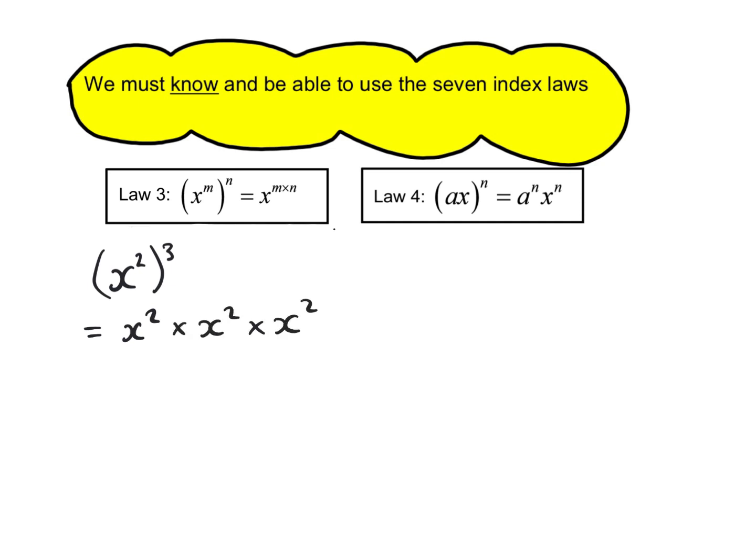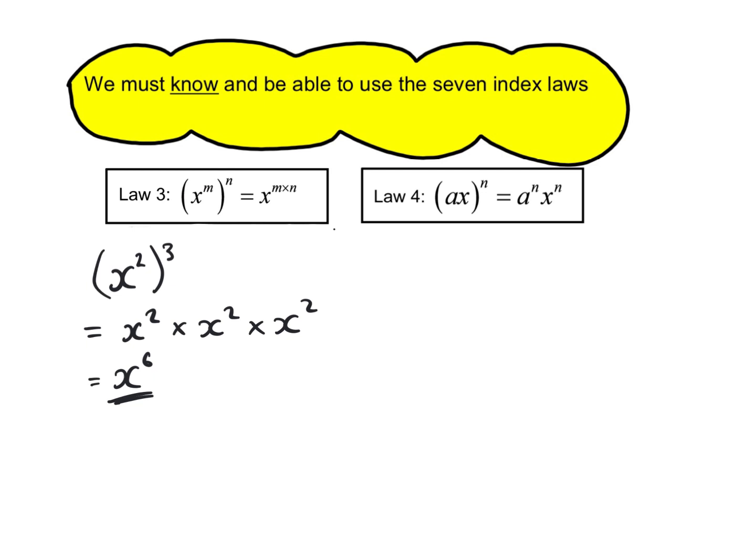Now, thinking about our other index laws, when we multiply indices, we add the index numbers. So we're going to add these two index numbers and then add again. So 2 plus 2 plus 2 gives us 6. But more importantly here, when we're doing 2 plus 2 plus 2, we've got 3 lots of 2, or 3 times 2. So that's going to become x to the power of 6.